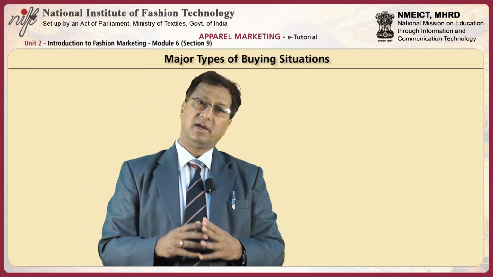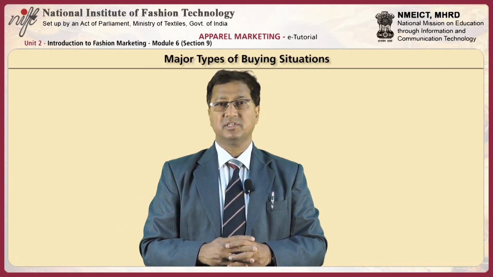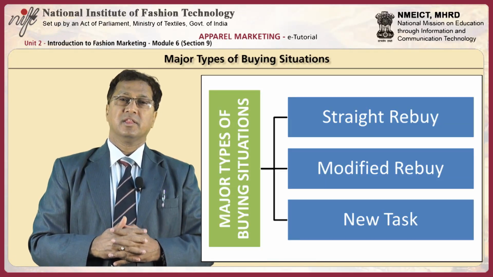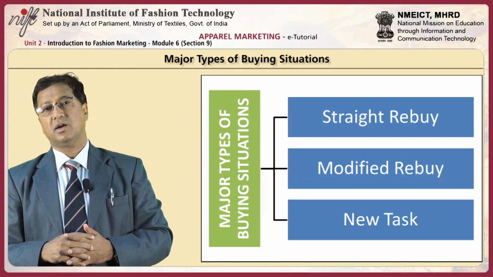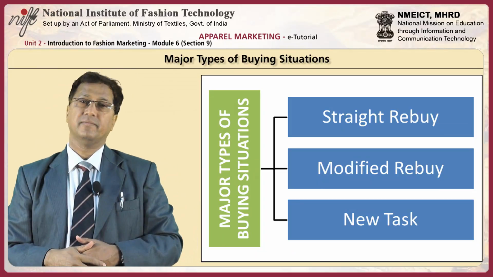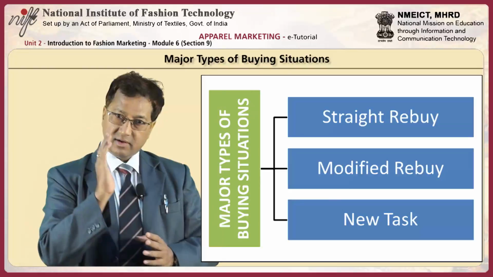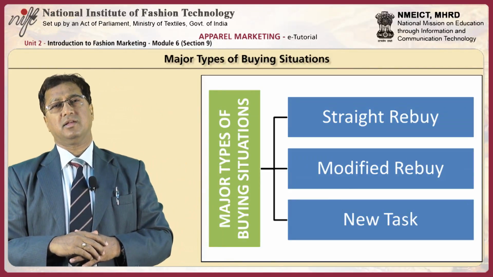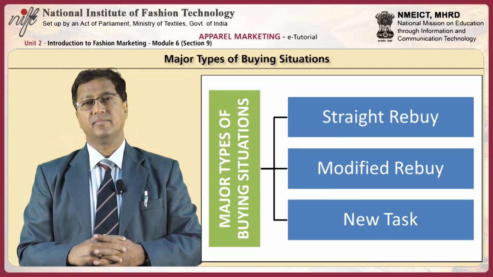When we look at the buying situations, the major types of buying situations are straight rebuy, modified rebuy, and the new task buying.